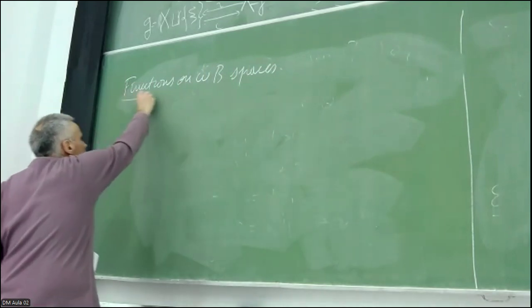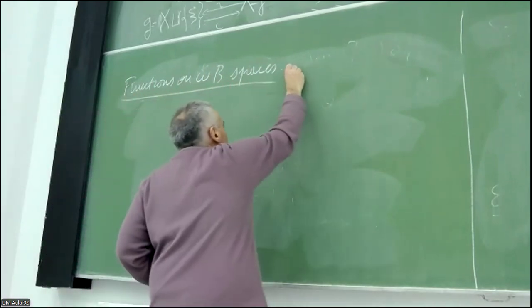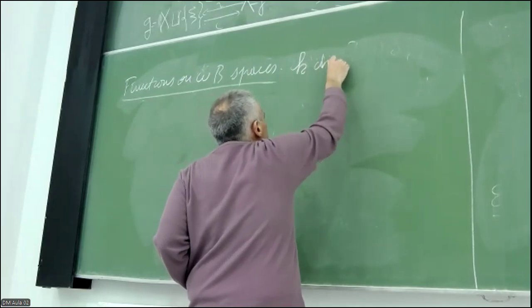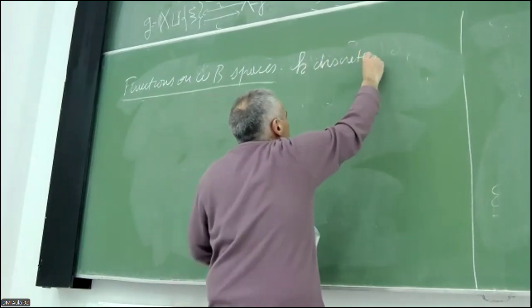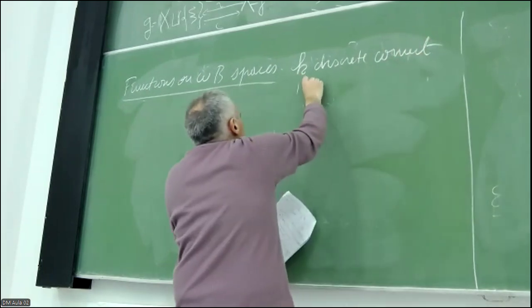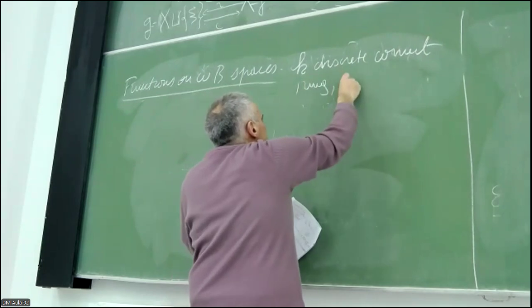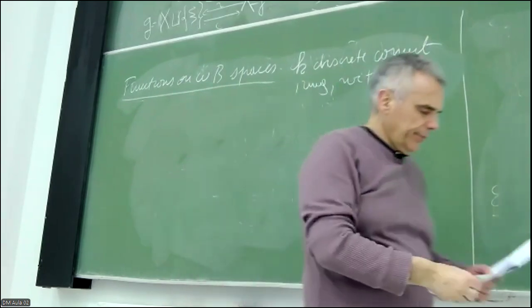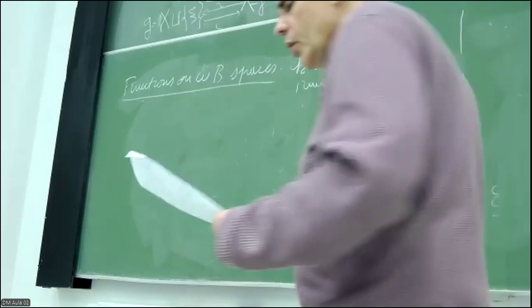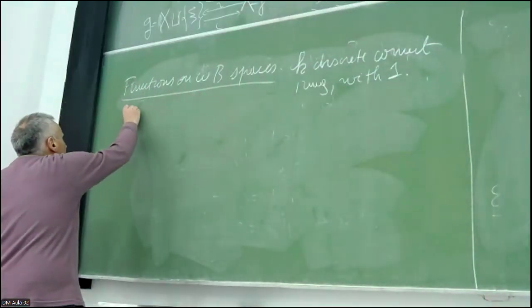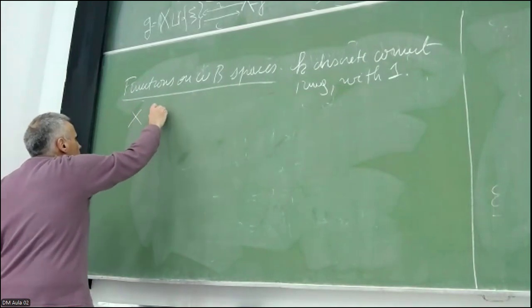We take K to be a discrete commutative ring with unit. Okay. So X will be a weakly Boolean space.